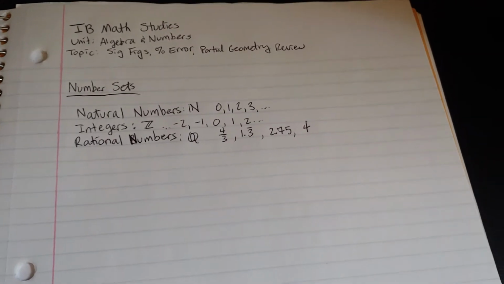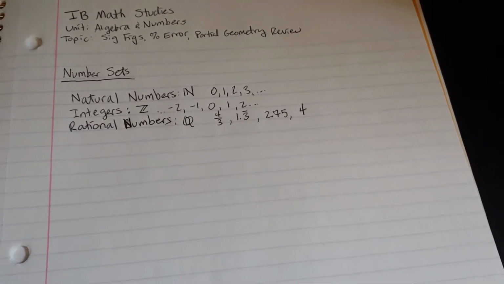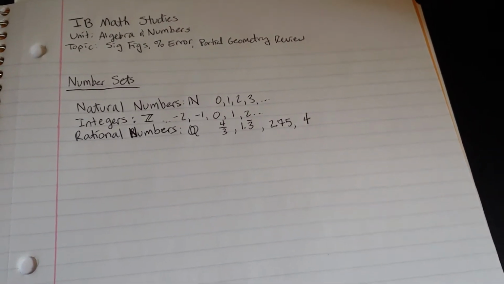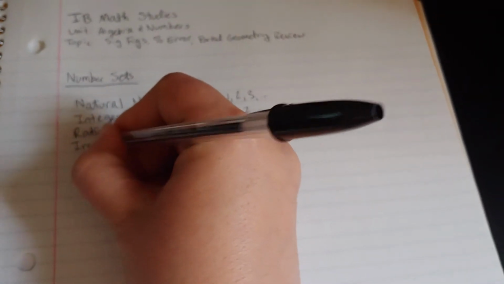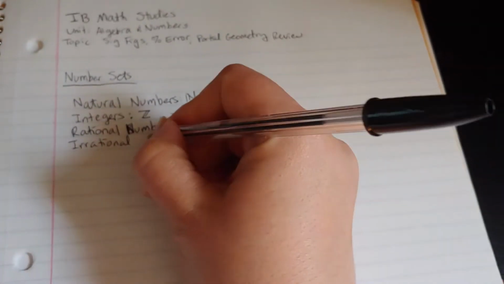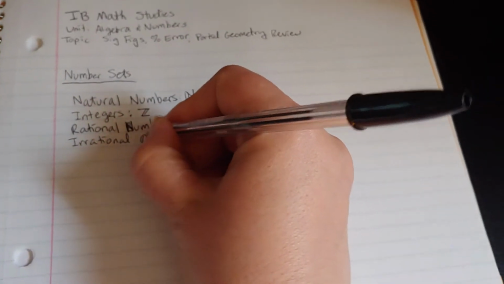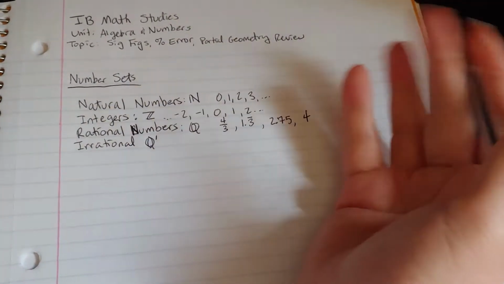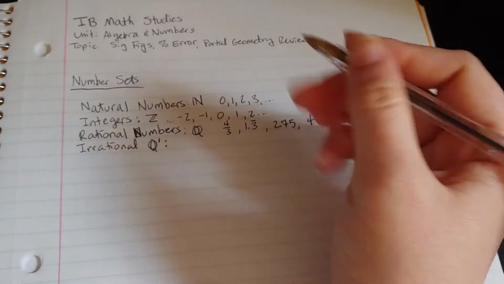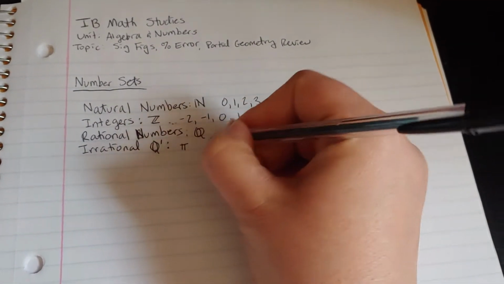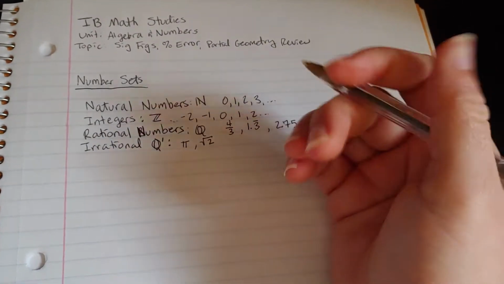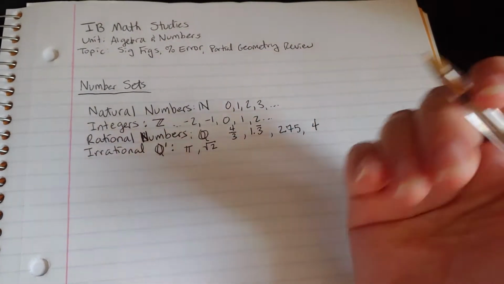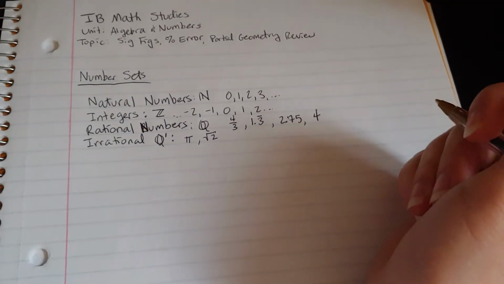We also have the set of irrational numbers, which isn't really something that we looked at a lot. But knowing that irrational, which would be kind of Q prime or not Q, would be things like pi, the square root of 2, non-repeating, non-terminating decimals.